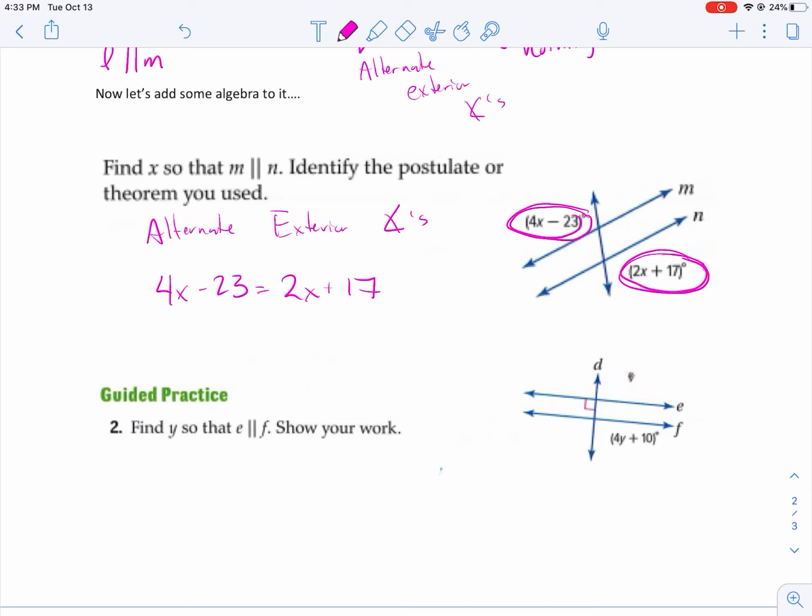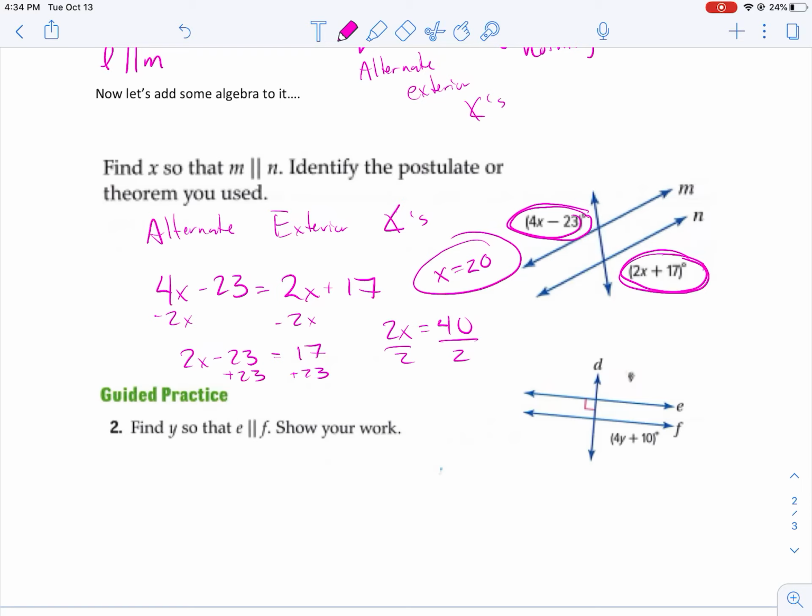Hopefully I get a value for x that I can plug in for both, so that both of them have the same angle measure. So I'm going to subtract 2x, get 2x minus 23 is equal to 17, plus 23 plus 23, you get 2x is equal to 40, divided by 2, x is equal to 20.